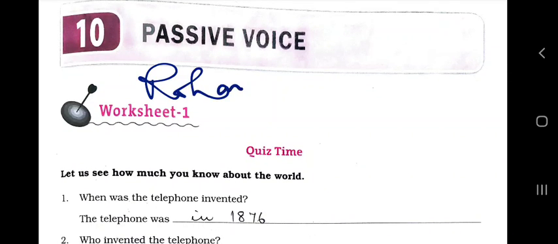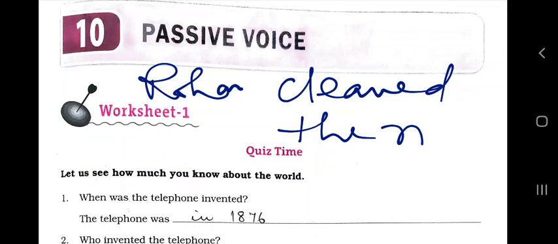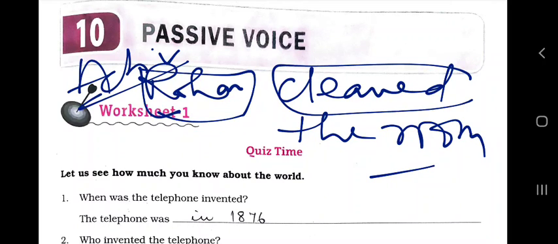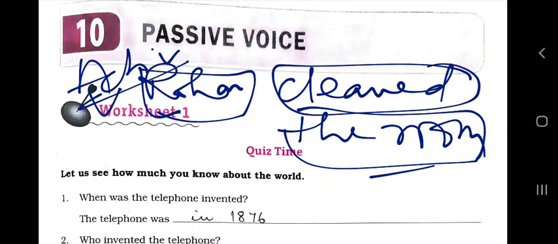Let's see with the example. Rohan cleaned the room. Now see here, this is active. Rohan is subject, cleaned is verb, and the room is object. Active is when Rohan, the subject itself, works.